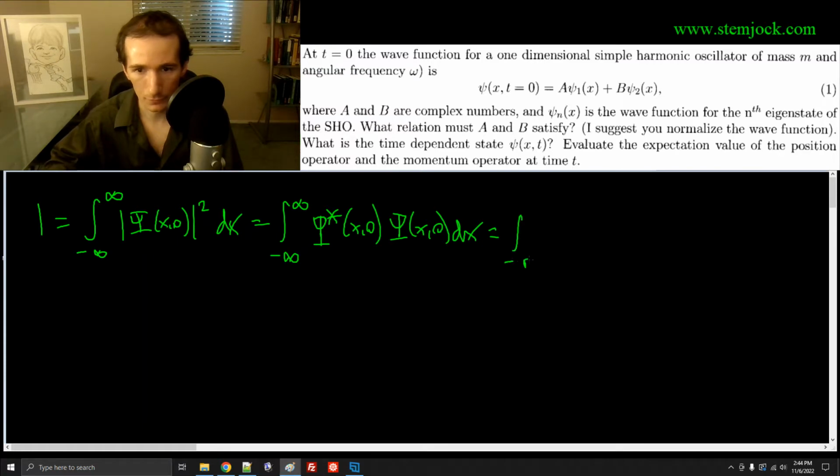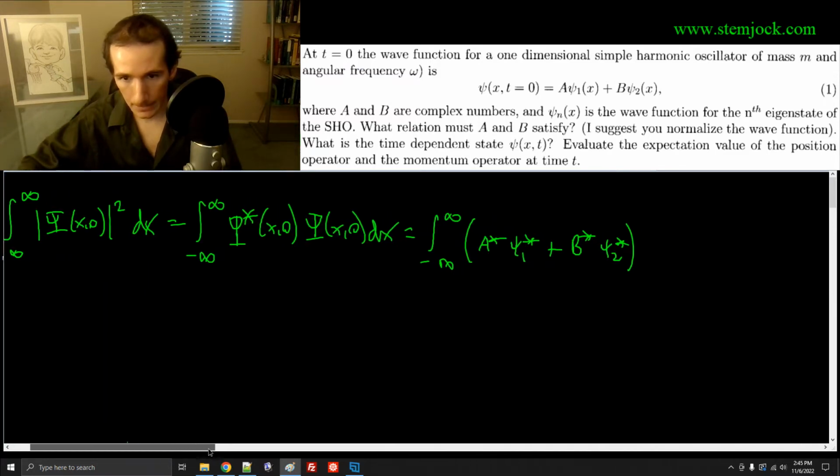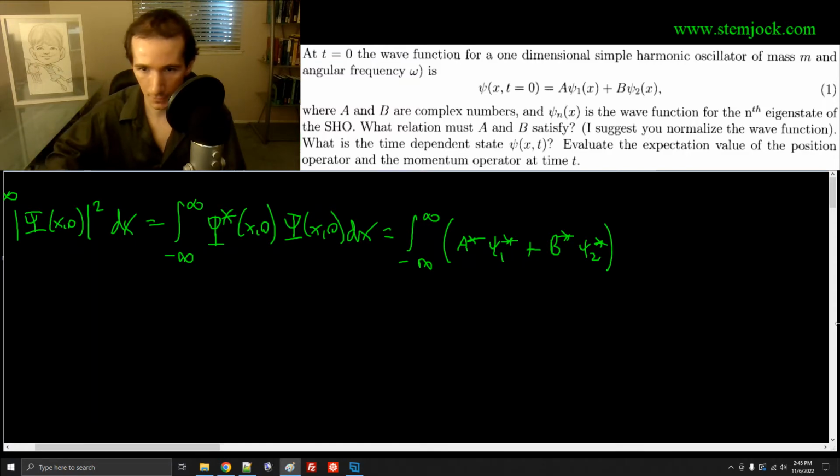So the complex conjugate of the given function is going to be a star psi 1 star plus b star psi 2 star. And for psi x0, we just have the function a psi 1 plus b psi 2 dx.